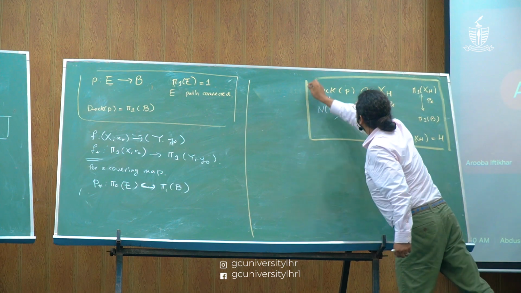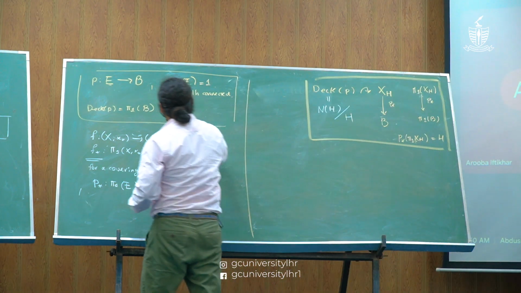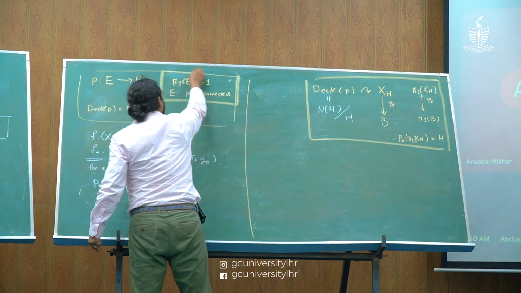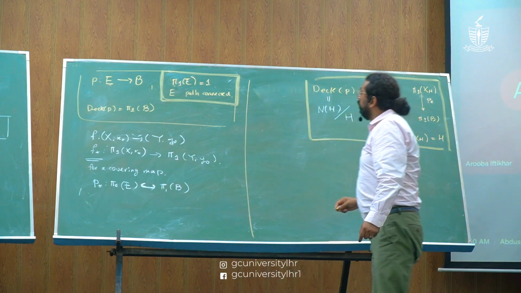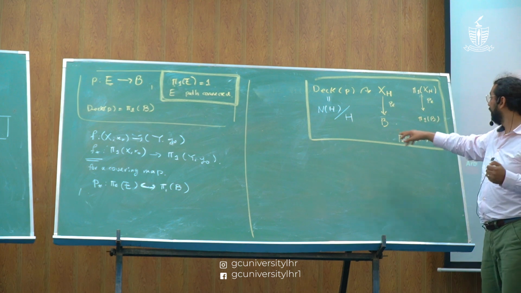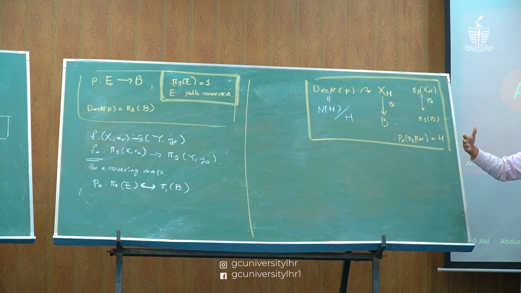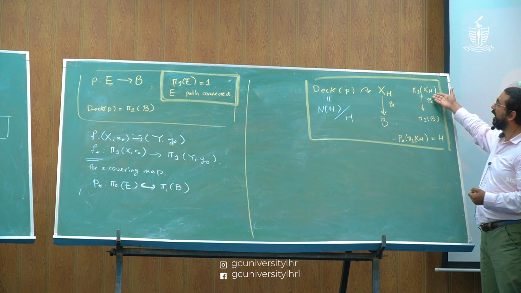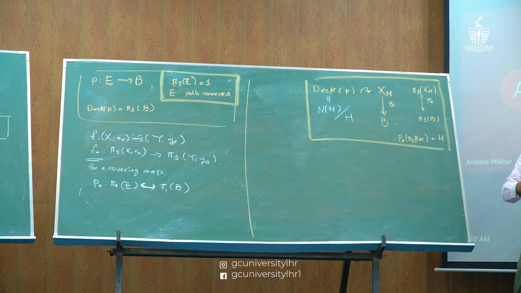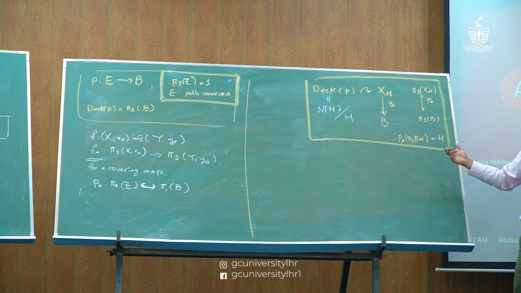So, as you can see, we can recover the whole lattice of subgroups of the fundamental group by studying covering maps, no? And if we know how to construct these spaces, then we will know how to study the structure of the group, right?